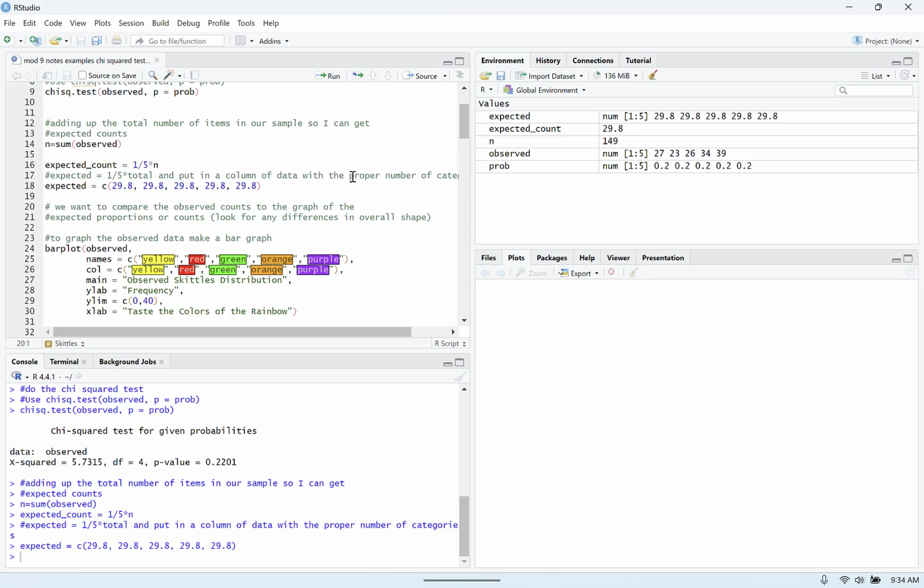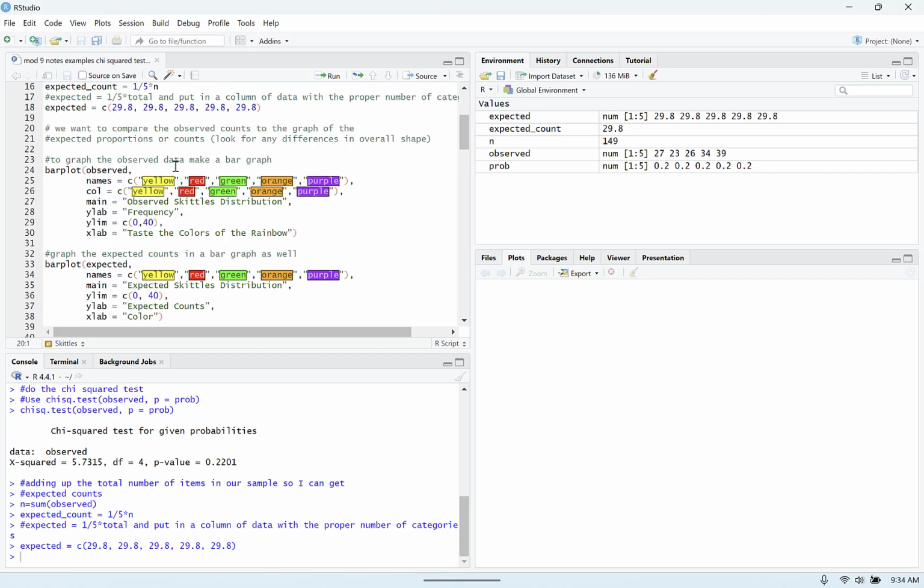If we want to look at the graphs, we make a bar graph. And remember the command for that is barplot. So this is way back from Module 3 stuff. You guys can go through and look at this, but I want you to see what I'm graphing here is my observed data.